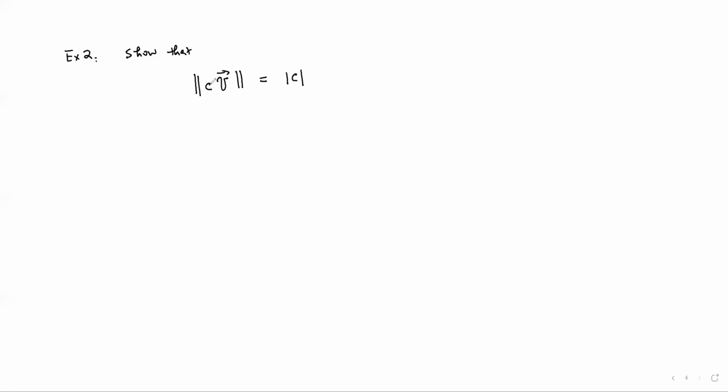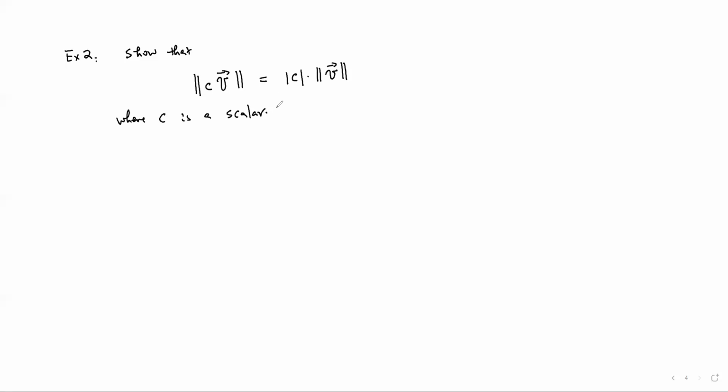So when we move c out, we need to add absolute value to guarantee the scalar is non-negative. Here c is a scalar. Scalar means a number. In linear algebra, we usually call numbers scalars.